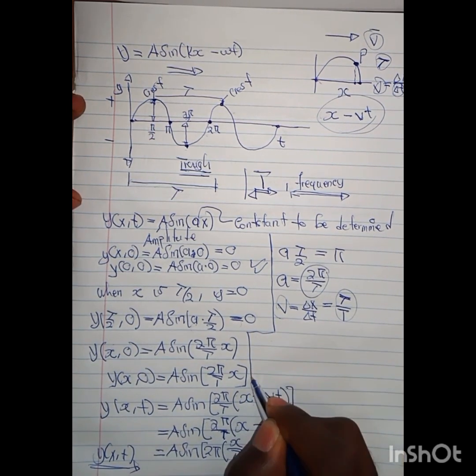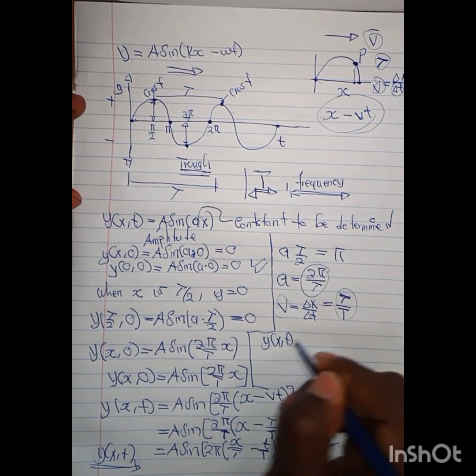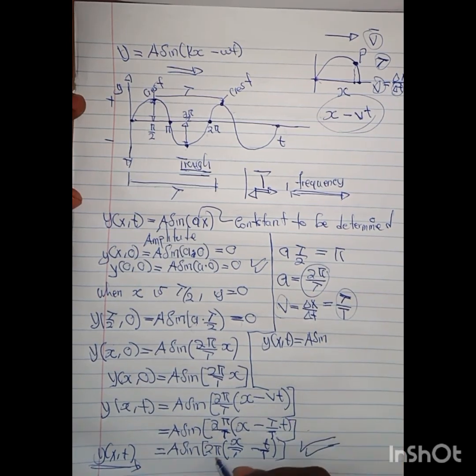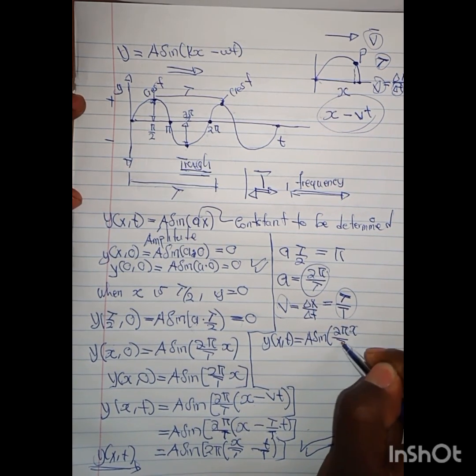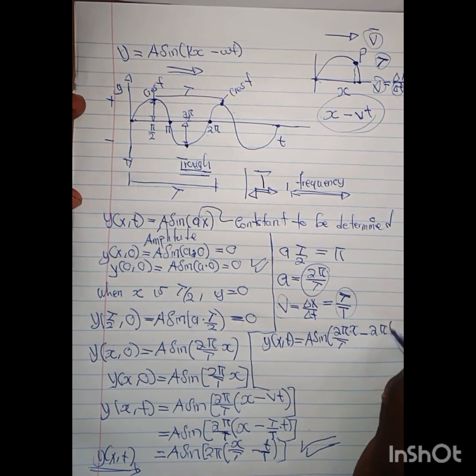Then I will use the space y, x, and t equal to a sine of, then multiplying the 2 pi inside, we will have 2 pi x over lambda minus 2 pi t over T.